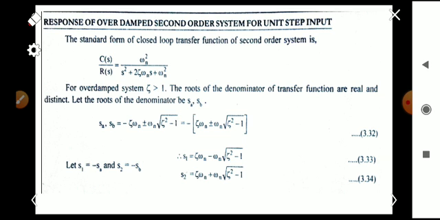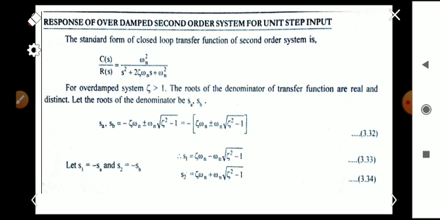That is, if you take minus zeta omega n plus omega n root of zeta square minus 1, then s1 will be minus of that sa, which means zeta omega n minus omega n root of zeta square minus 1. So we can simply write the denominator as (s plus s1) into (s plus s2).